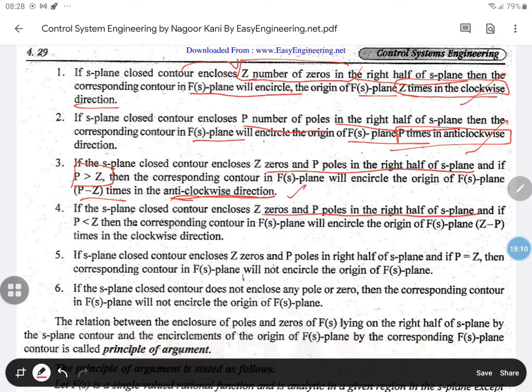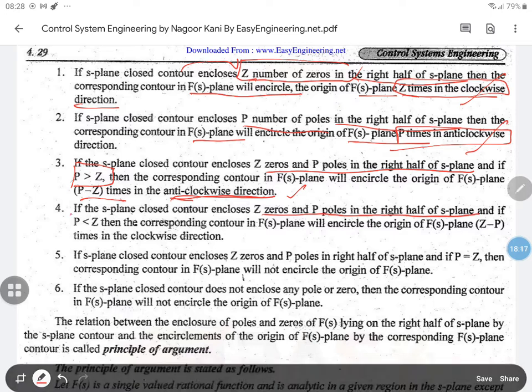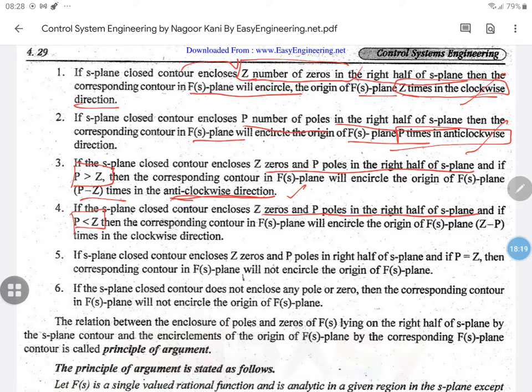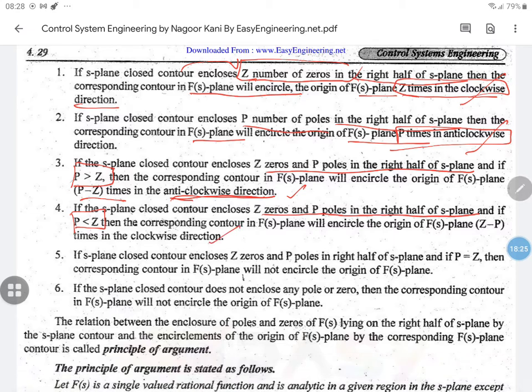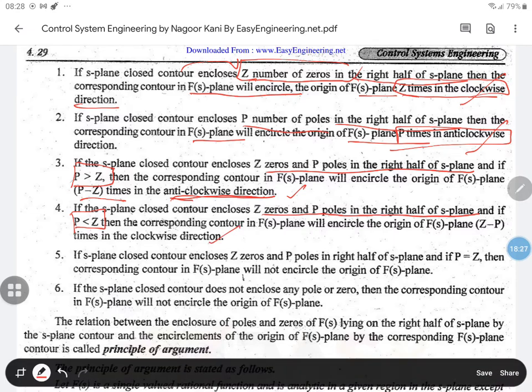Okay, so the next case is both Z zeros and P poles are present, and P is less than Z. Then obviously Z is greater, so the effect of Z will be more. So clockwise direction encirclement is experienced.